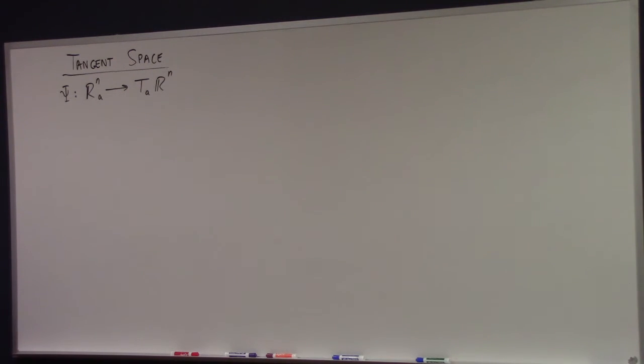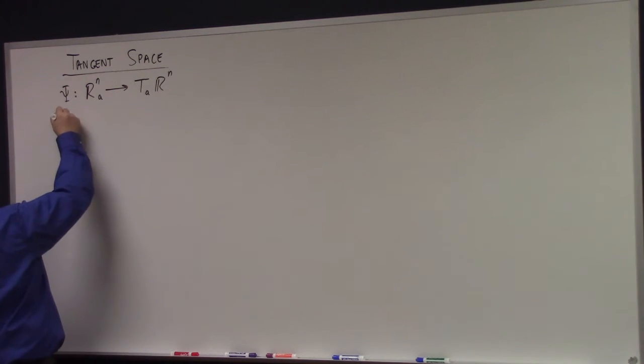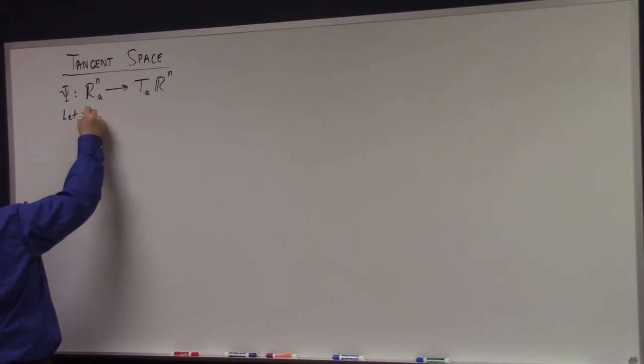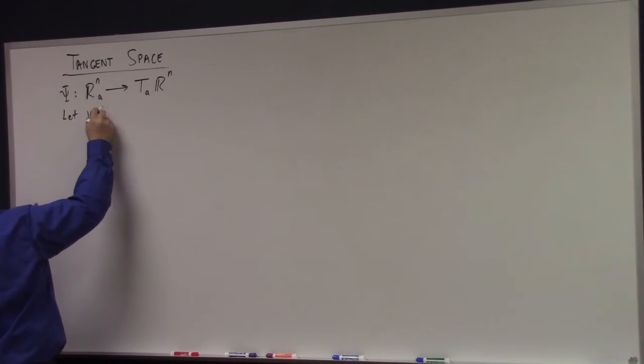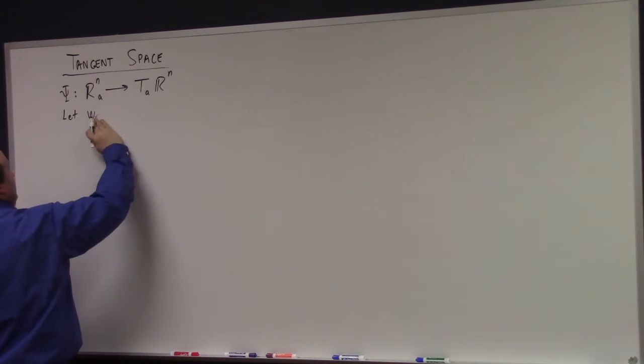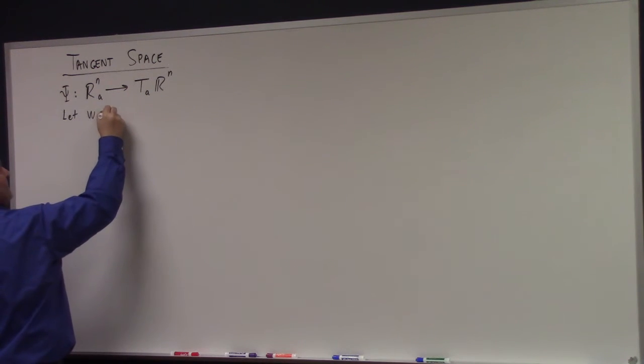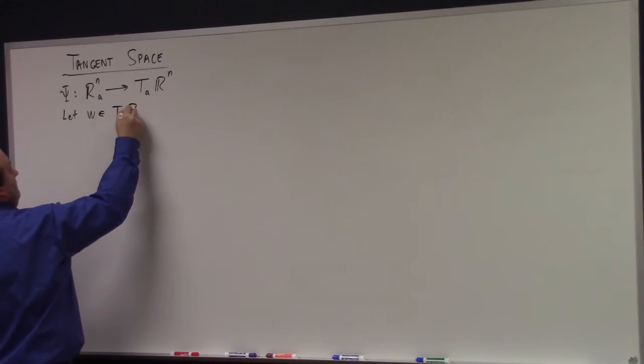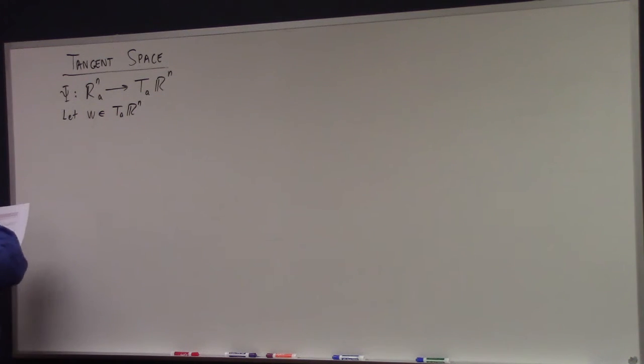Okay, so we'd like to prove that this is surjective. So to prove something surjective, we begin by saying let W be an element of the tangent space at A of Rn, right? And he says, define V to be VIEI.